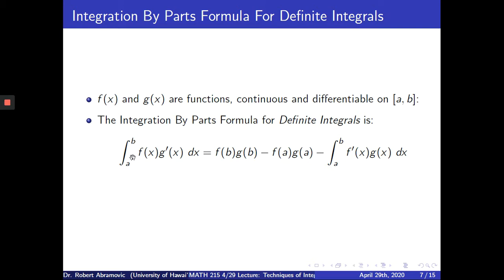The definite integral from a to b of f of x times g prime of x dx is equal to the difference between f of x times g of x evaluated at b, f of b times g of b, minus f of x times g of x evaluated at a, f of a times g of a, minus the integral where the derivative is now taken off of g and placed on f.